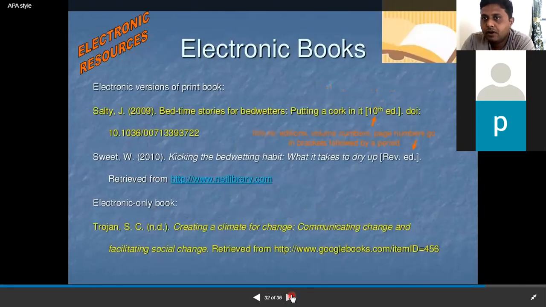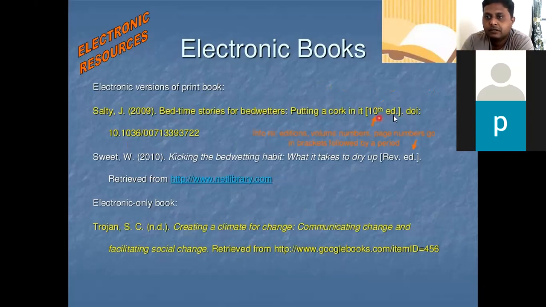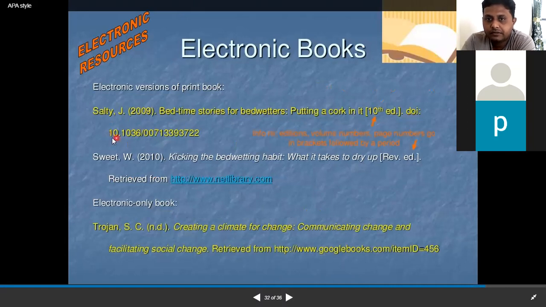For books available on the internet, these e-books, we give the name, the title of the e-book, the edition, first edition, second edition, third edition, right? And it is available on the internet. The internet source is available over here. See, in the case of this book, the DOI is not available.